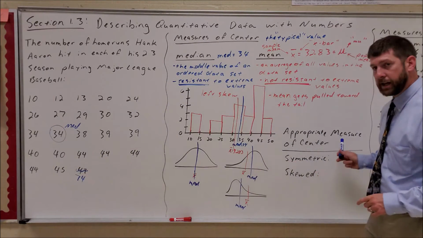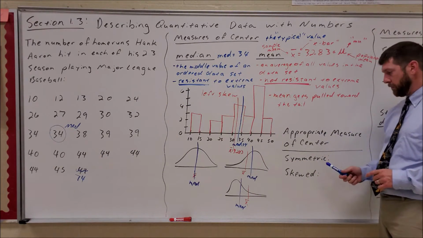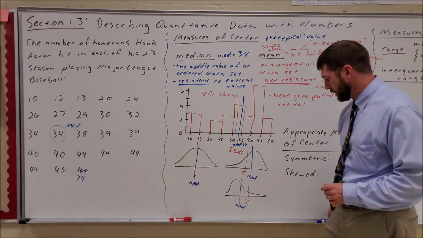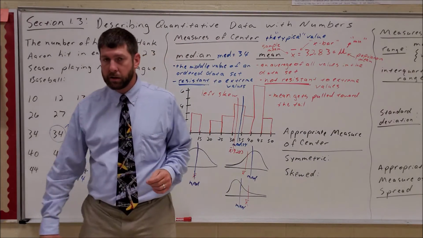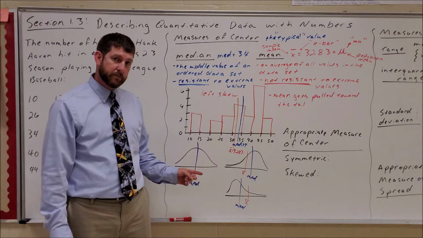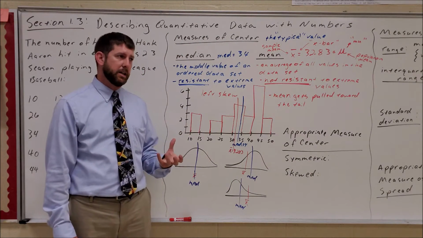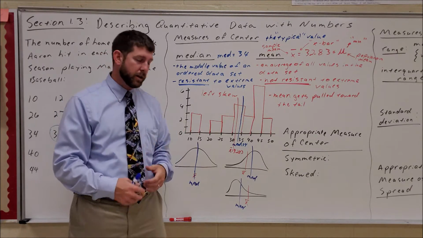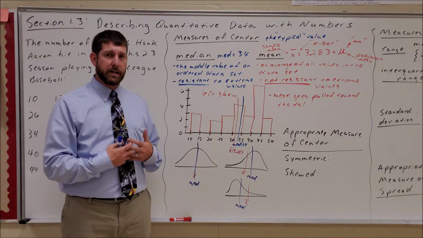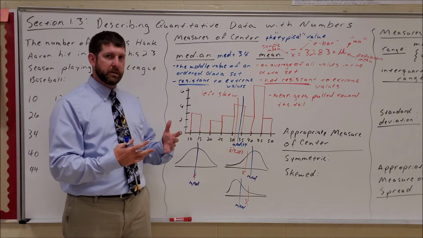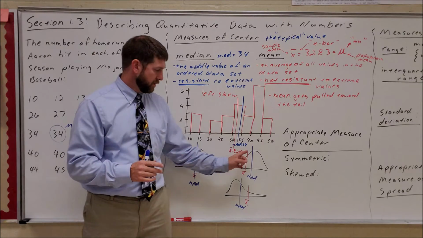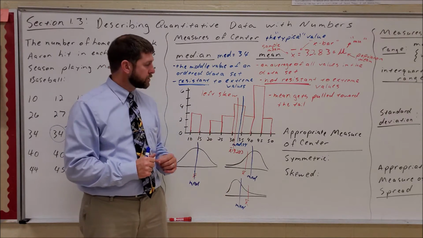So when trying to decide whether to use mean or median as the appropriate measure of center, if it's symmetric, we're going to go with mean. The reason we like mean is because mean brings in all of the values. It's kind of a democracy. Everybody gets their vote in there. So we like to use mean anytime we can, but we can really only use it if it's symmetric, because it's not representative of the center if you have a skewed distribution.